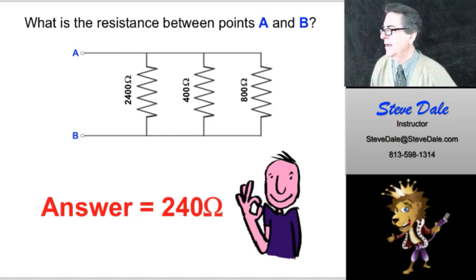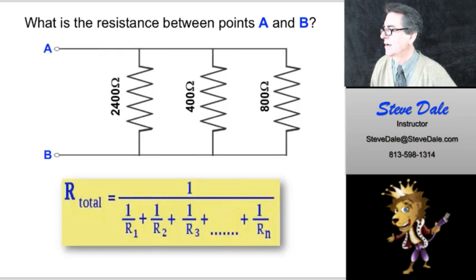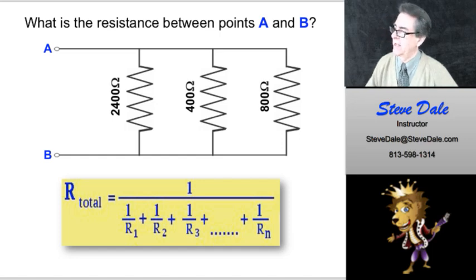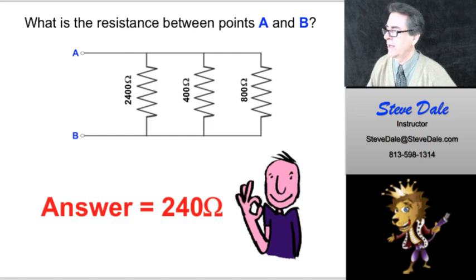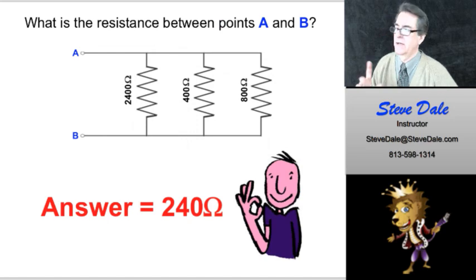Take that example: 2400 ohms, 400 ohms, 800 ohms. Stop the video and try to figure it out. Make sure you get 240 ohms. If you have problems with it, give me a call or drop me an email, and we'll work on it together, because I'm sure it's simple once you really understand it.